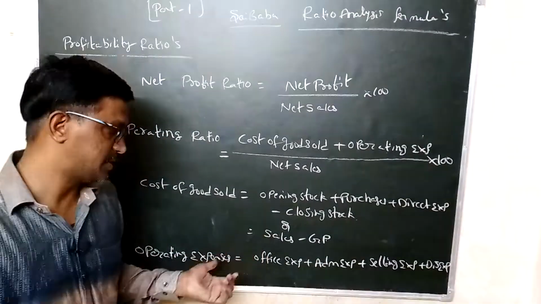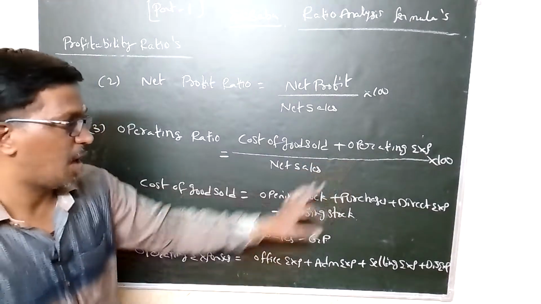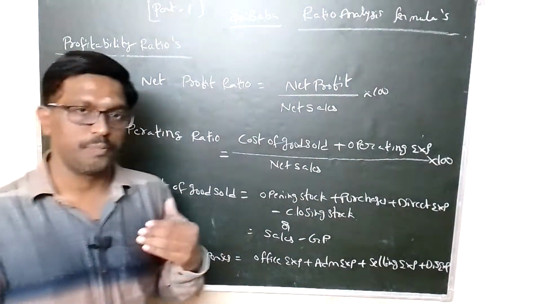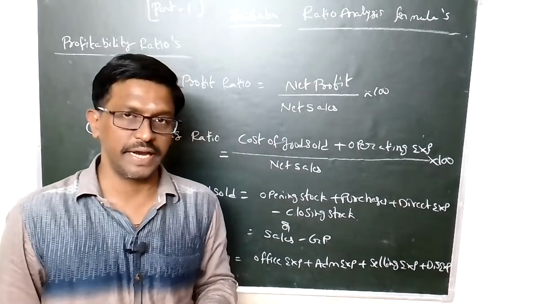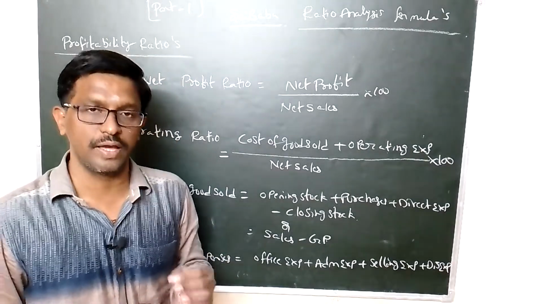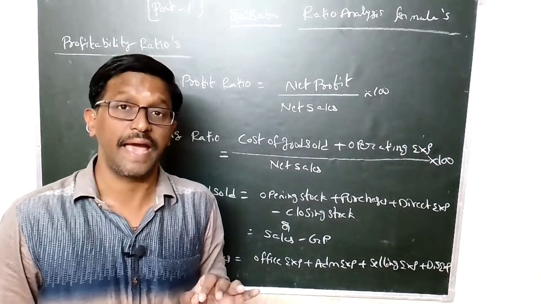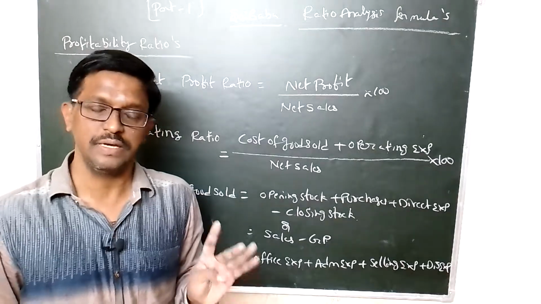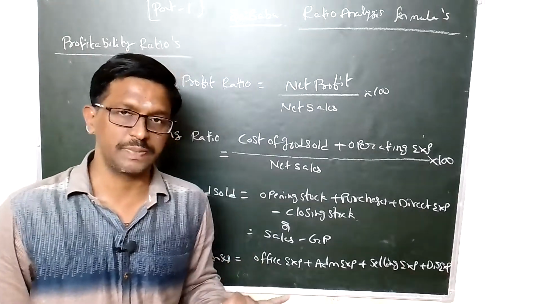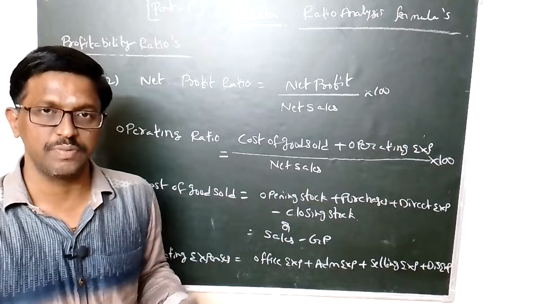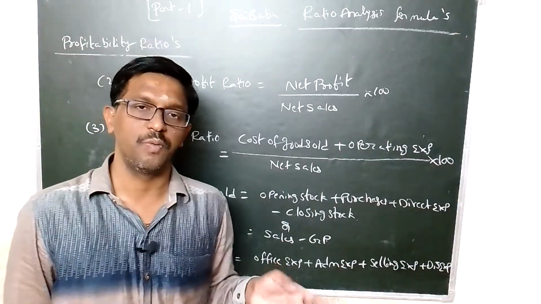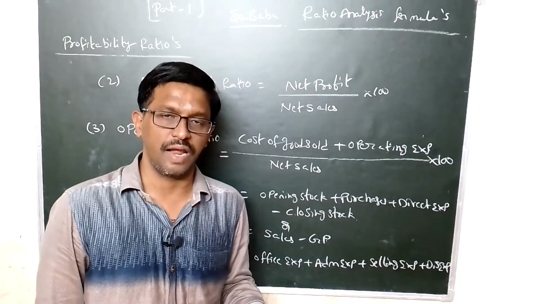Next, operating expenses. Operating expenses are the expenses on the debit side of the profit and loss account, but only cash expenses are taken, like office expenses, administration expenses, selling expenses and distribution expenses. For example, salaries, printing, stationery, postage, telegram, advertisement, traveling expenses.